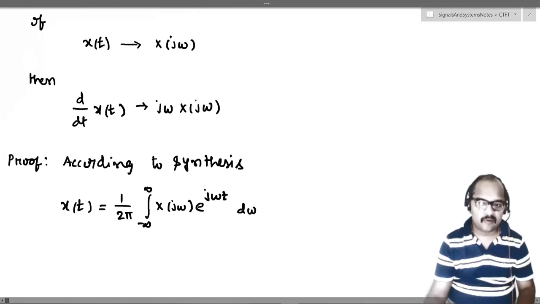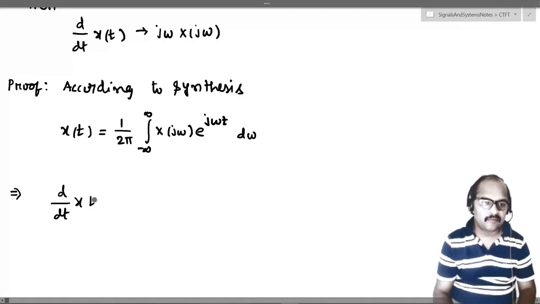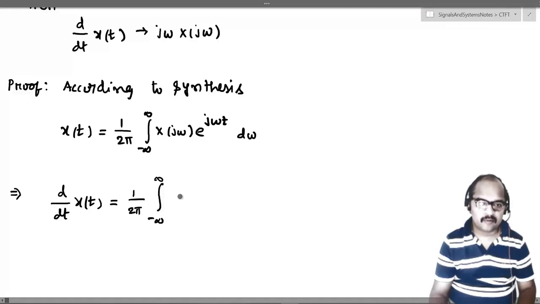So next what we will do is we differentiate this. Differentiate with respect to time, correct? So d by dt of x of t would be equal to how much here? 1 by 2 pi integral minus infinity to infinity. No need to differentiate x of j omega, correct?